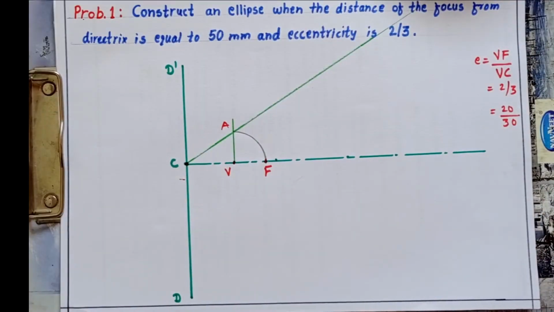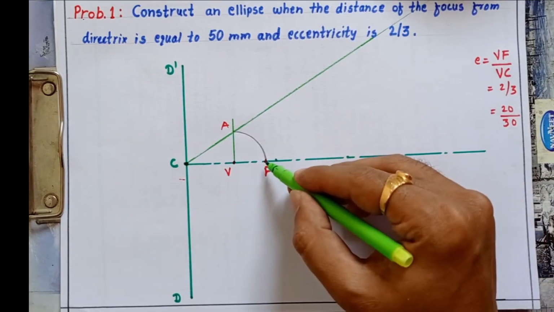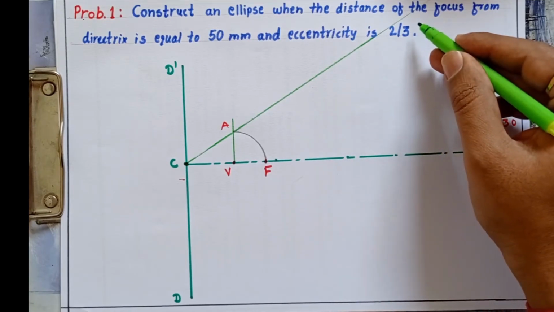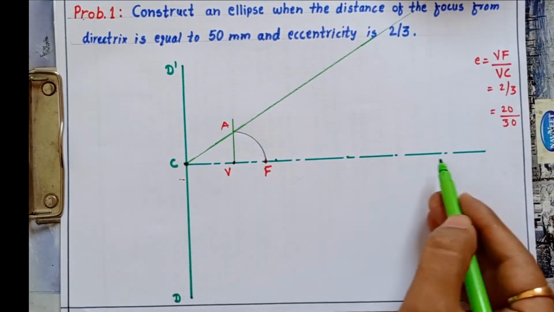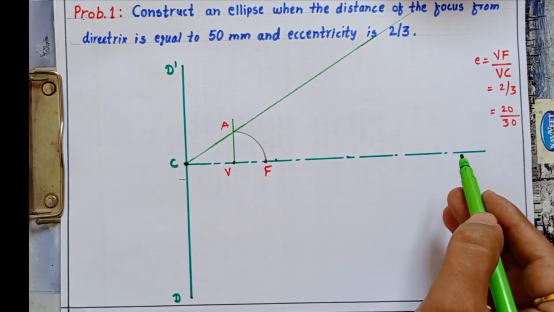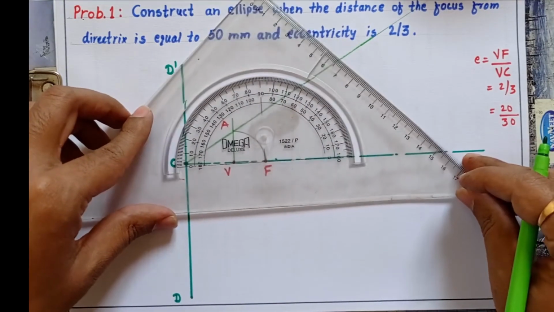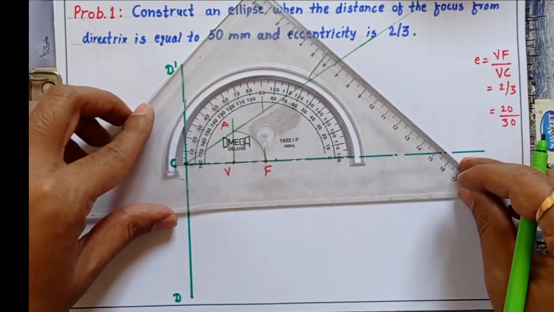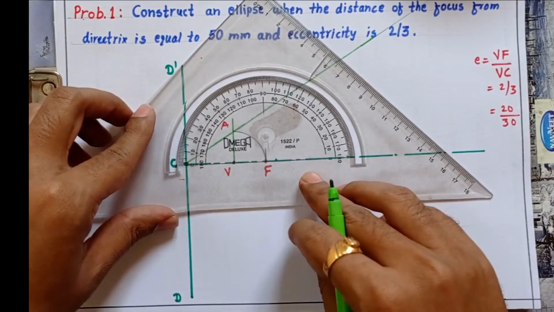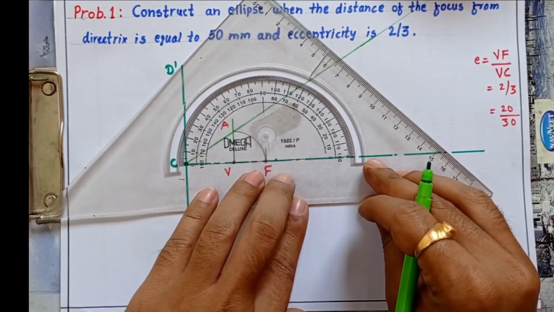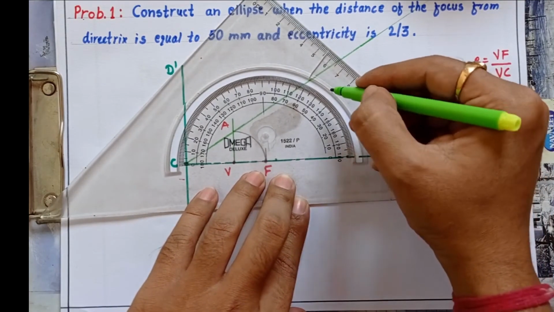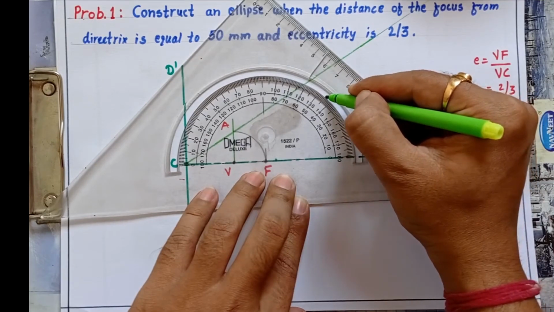Fine. Now after this, from the point F, which is your focus point, we have to draw one inclined line in this way, and the line makes an inclination of 45 degrees with this horizontal line. So from point F we put the protractor at center point F, and from this horizontal line we take the angle equal to 45 degrees and mark it over here.